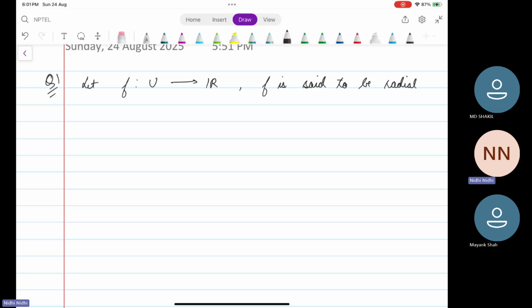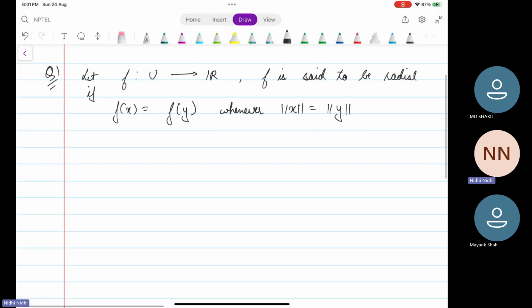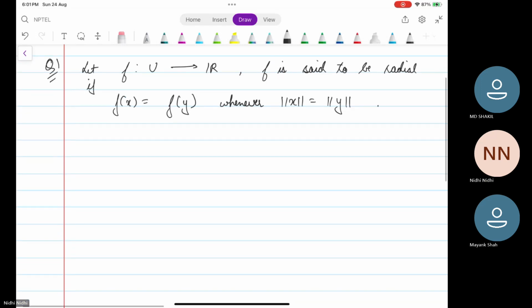Technically, f(x) is equal to f(y) whenever norm x is equal to norm y. And by norm here, we mean the Euclidean norm.